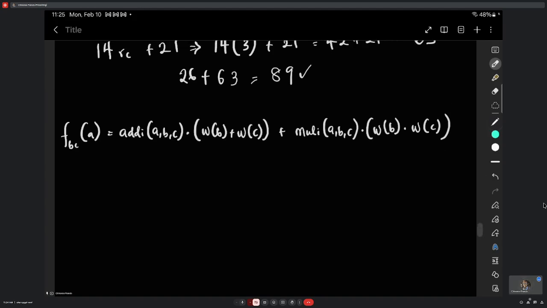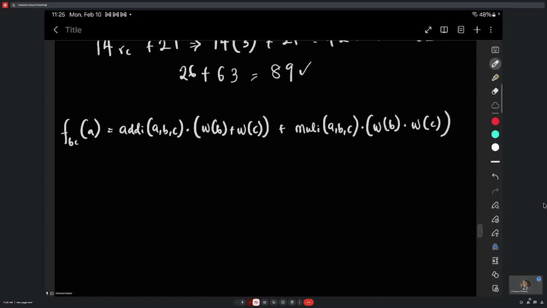Okay, so at the end of the sum check protocol, when the verifier sent the randomness for B and C, now we have RB and RC, and so we basically now need to prove this guy.